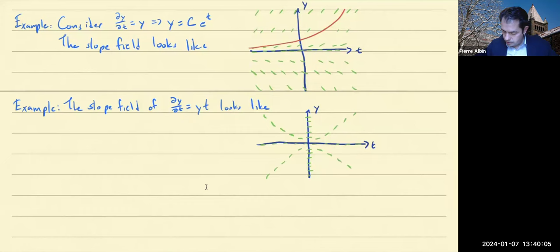right? Notice that if you're in the first quadrant, y and t are both positive, then this is positive, so we're going to have increasing slopes. In the second quadrant, y is positive, t is negative, so this would be negative, so you'd have decreasing. Here you'd have increasing, and here you'd have decreasing, right?